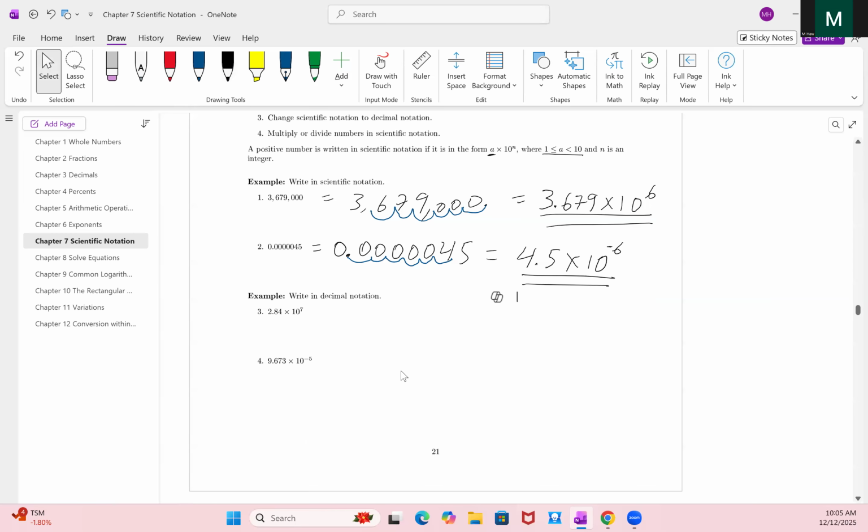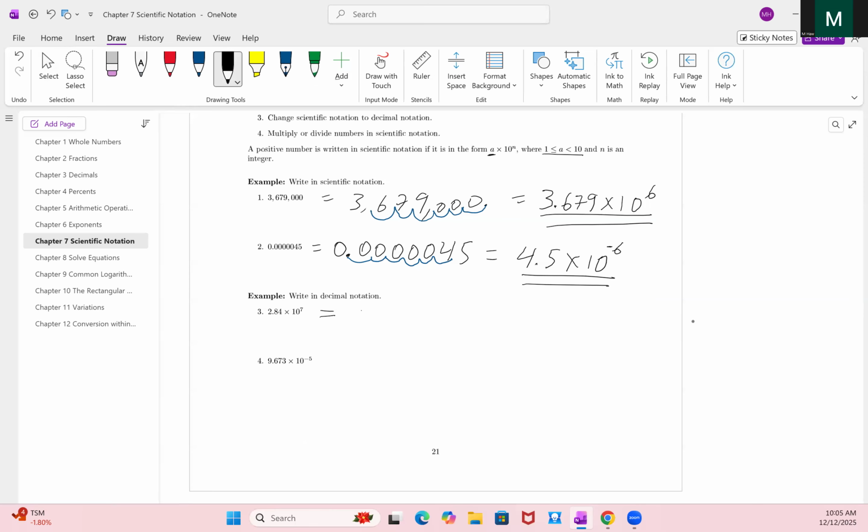Write in decimal notation. Now we're given a number written in scientific notation. To write this in decimal notation, because the exponent of 10 is positive, it tells us how many places we need to move the decimal to the right. So we need to move it to the right 7 places.